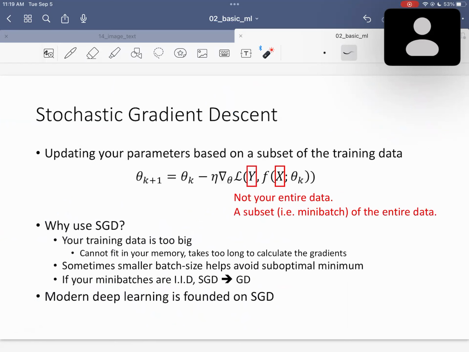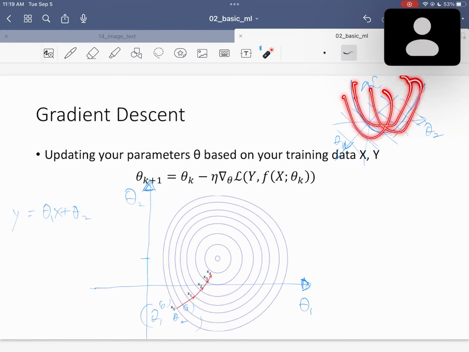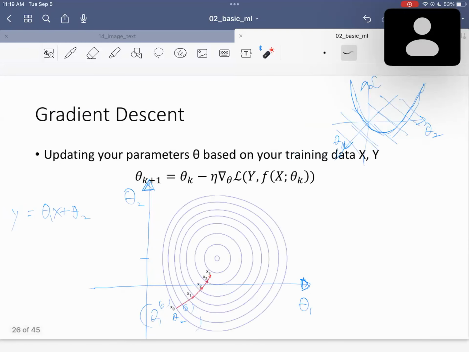Sometimes a smaller batch size helps you avoid getting stuck, because your loss landscape changes with your mini batch. Sometimes your training process will get stuck in a local minimum, and if you shake that landscape a little, you can get out of that local minimum.